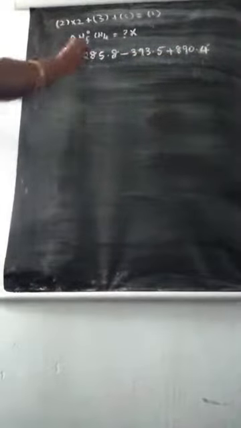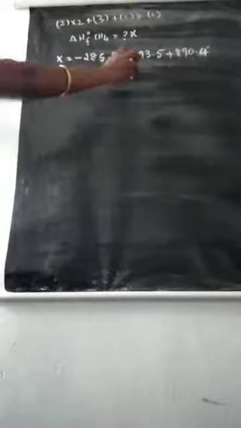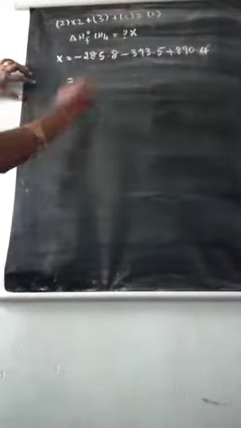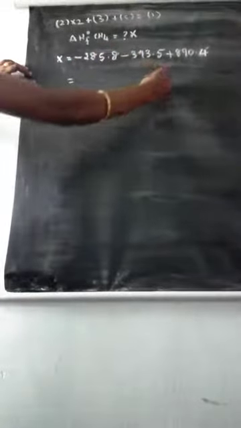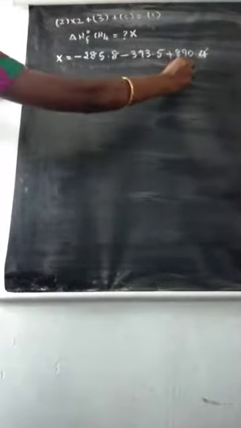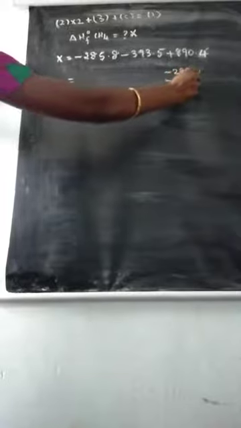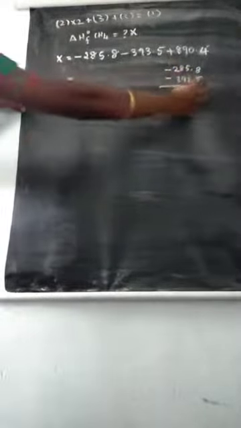Understand? Tell the answer. Minus minus. So minus 285.8 minus 393.5. If you add this, you will get the answer.